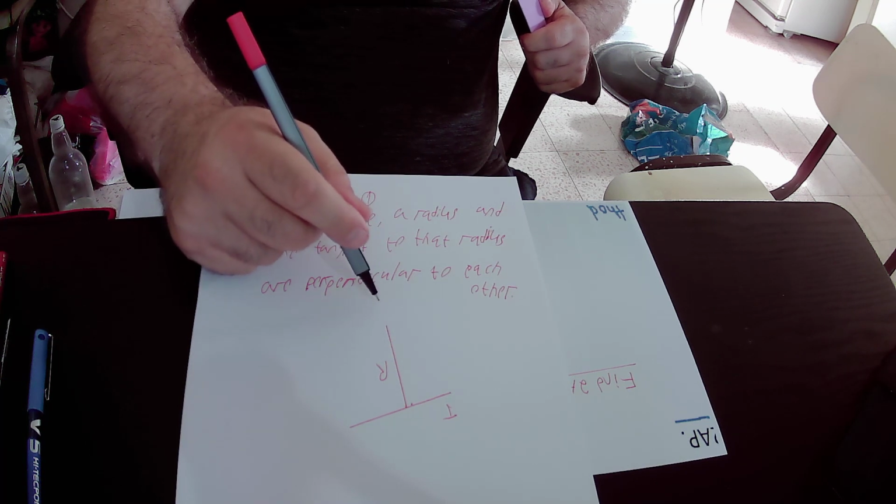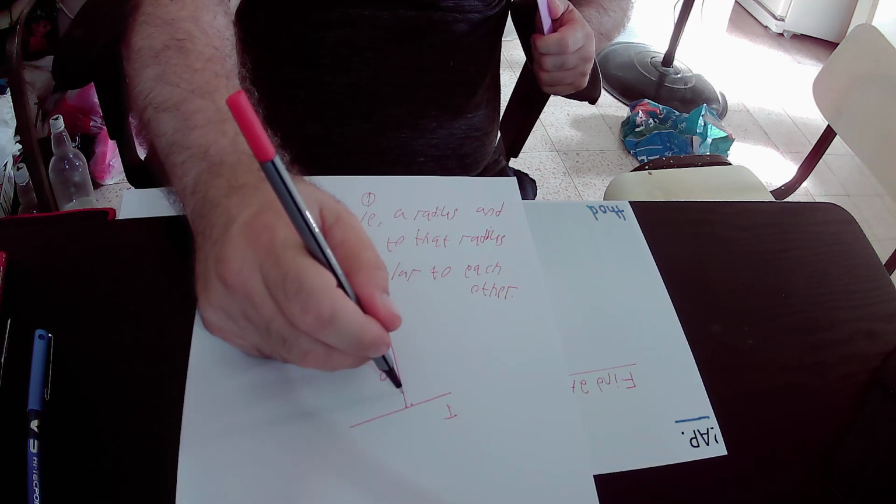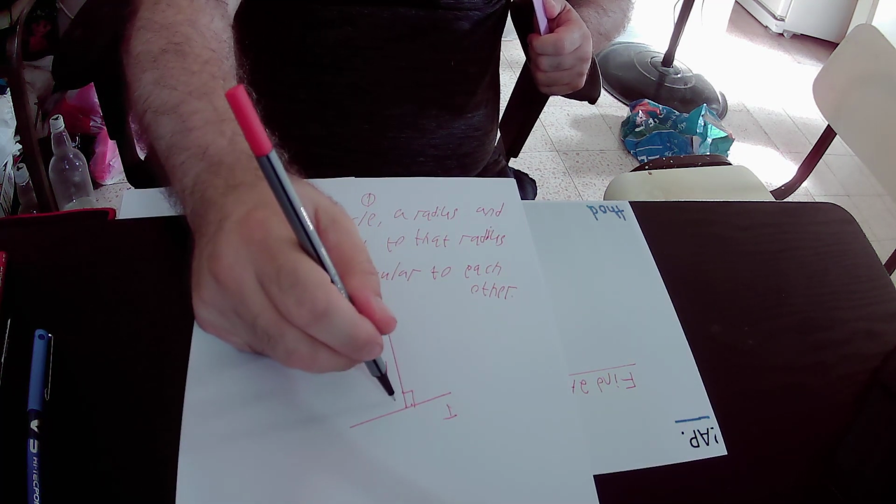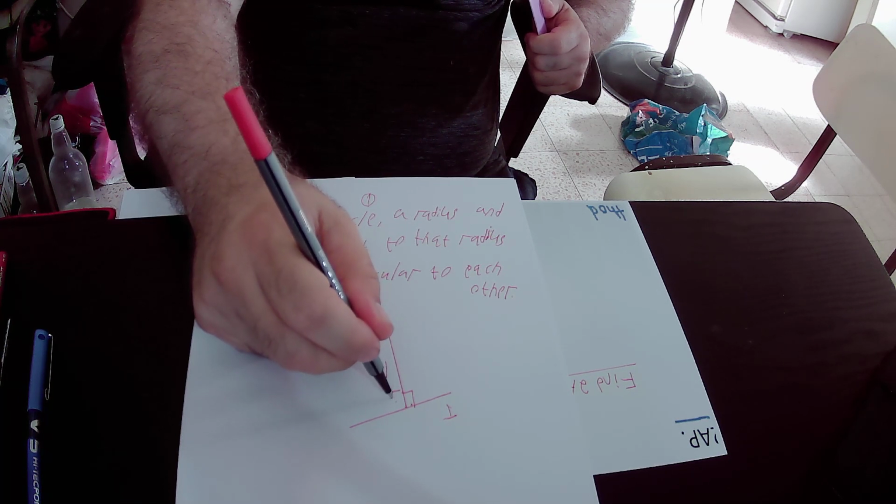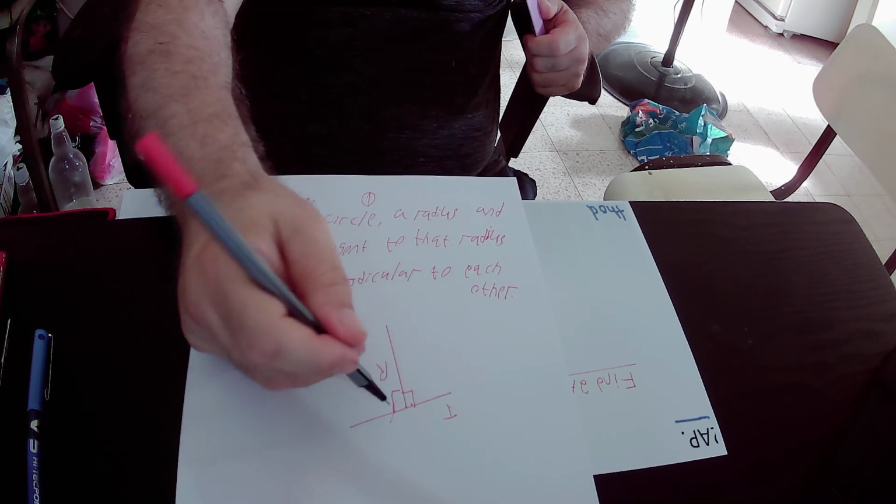That is to say, this angle is 90 degrees and this angle is also 90 degrees. Okay?